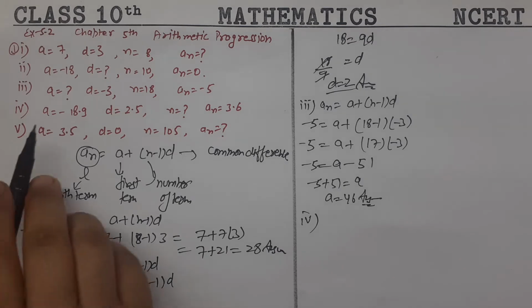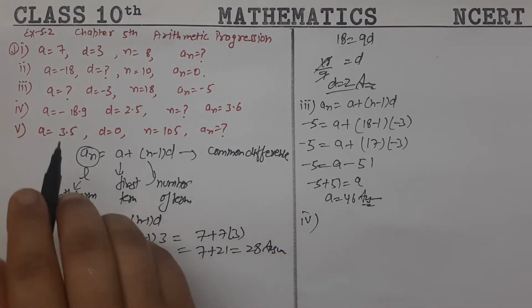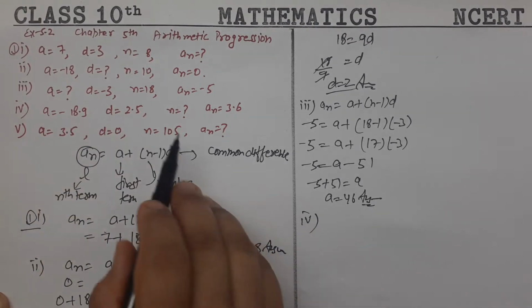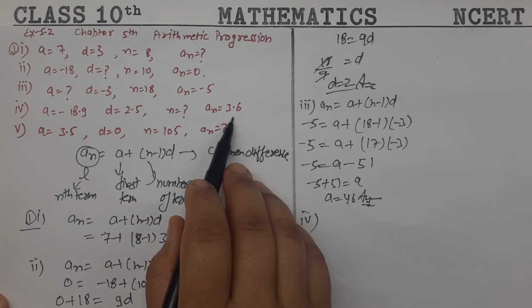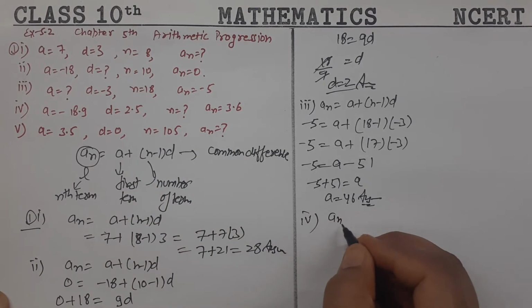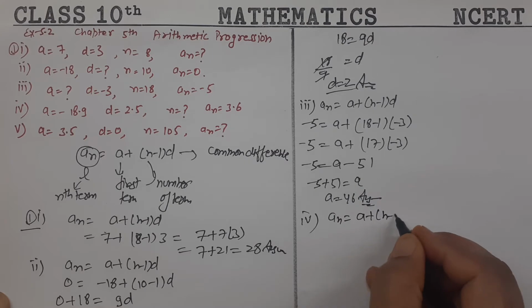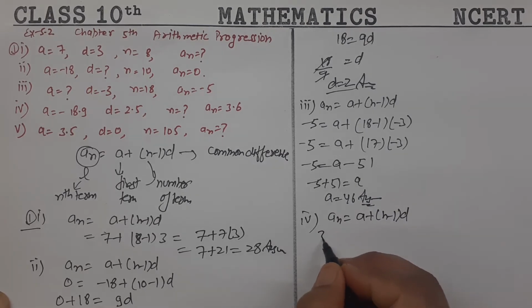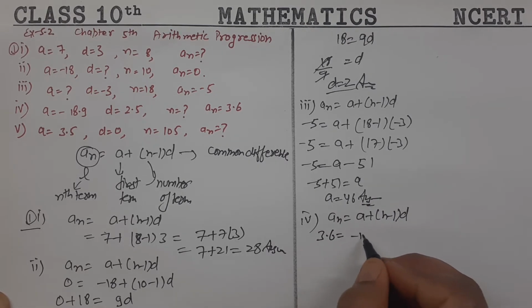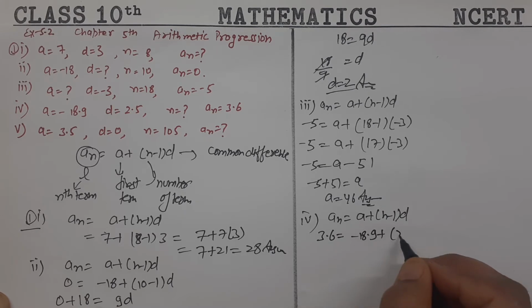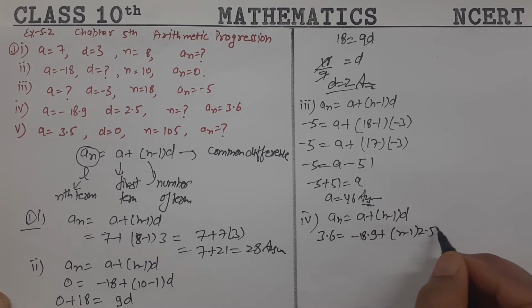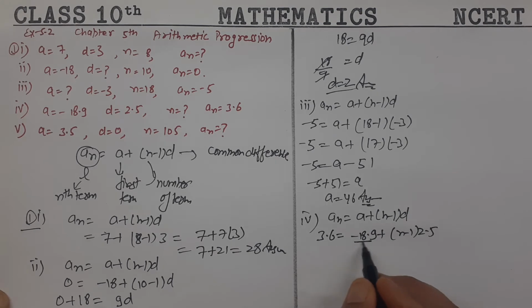Part fourth, A is 18.9, D is 2.5 and An is 3.6, we have to find N. Apply formula. An is 3.6, A, D is 2.5, 18.9 goes to the left hand side.